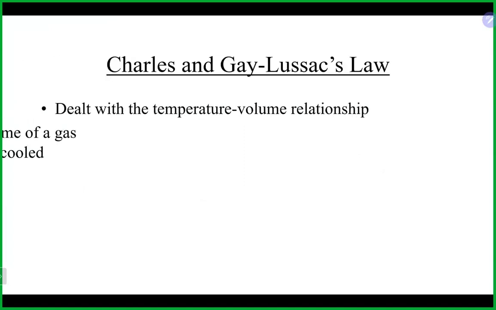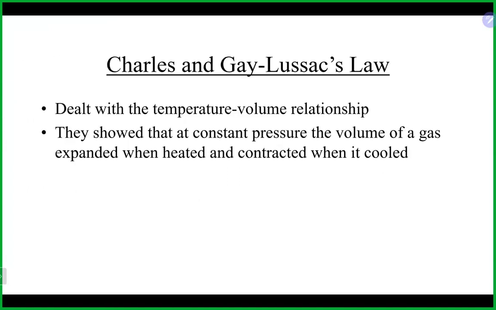All right, here. Let's talk about another couple of gas laws, and this is Charles' law and Gay-Lussac's law. Charles' law dealt with the volume and temperature relationship, holding pressure constant.